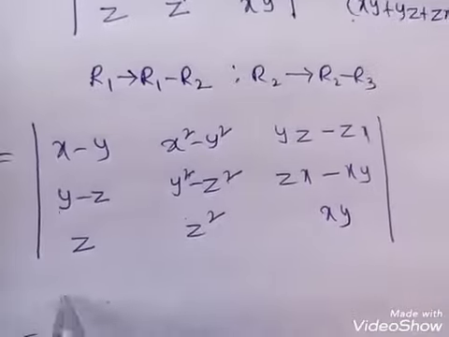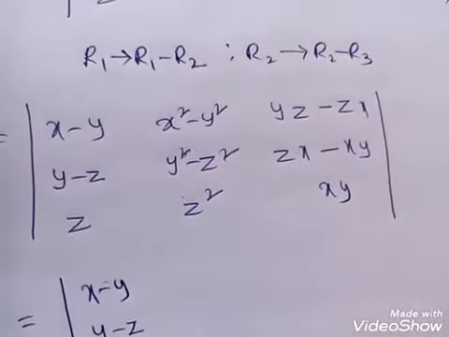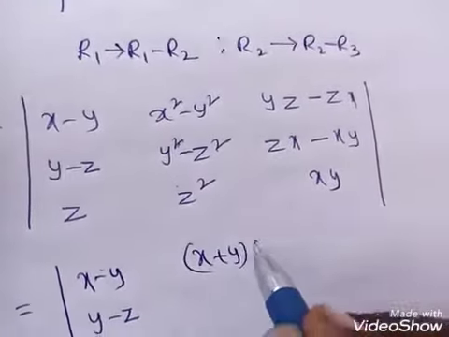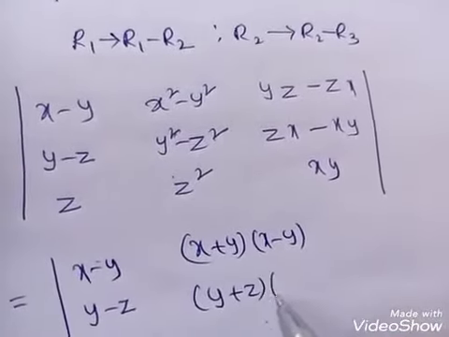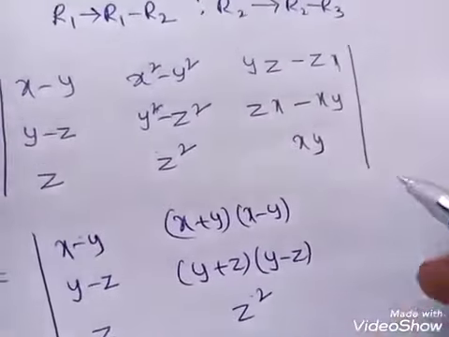Now this is x minus y and z, and you can expand this one: x plus y into x minus y, z into y minus z, and z square.